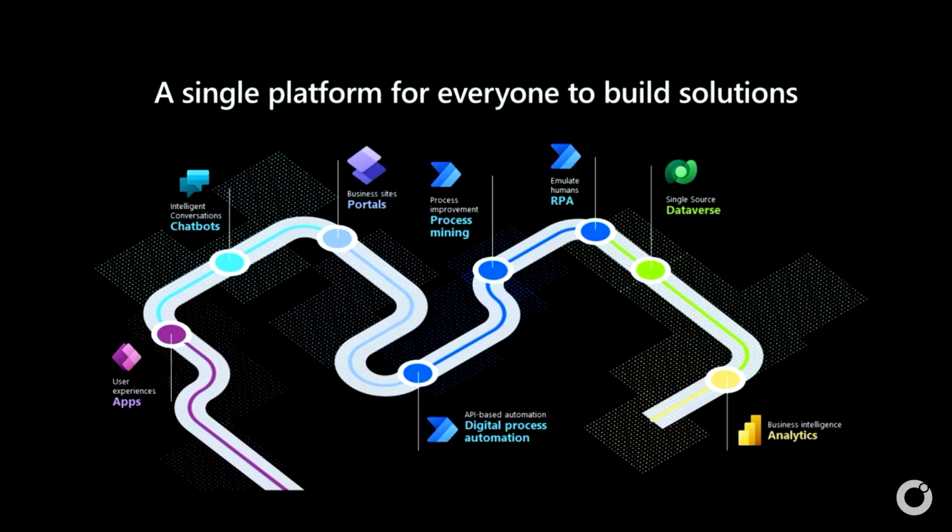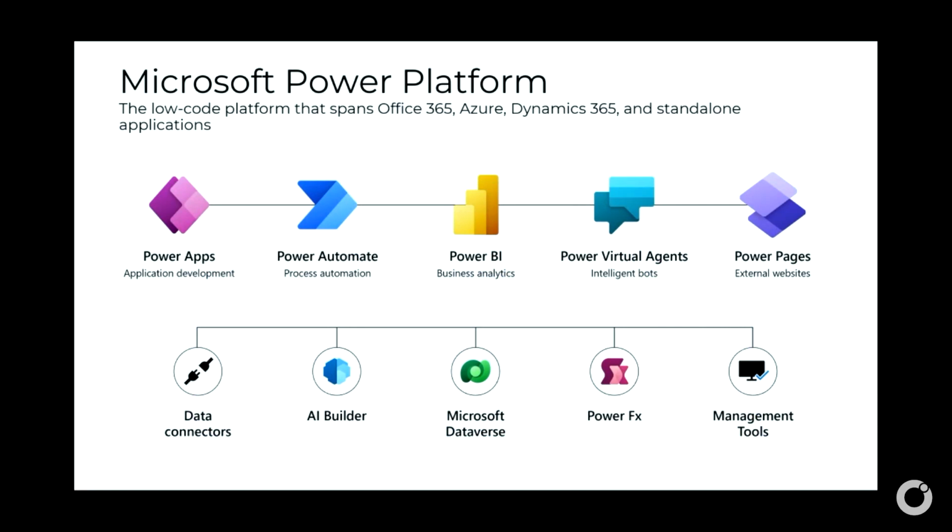It provides, I'll go to the next slide, the ability to build really complex solutions. So we have the first-class applications within the Power Platform that are underpinned by the services that you see below on the bottom part of the slide.